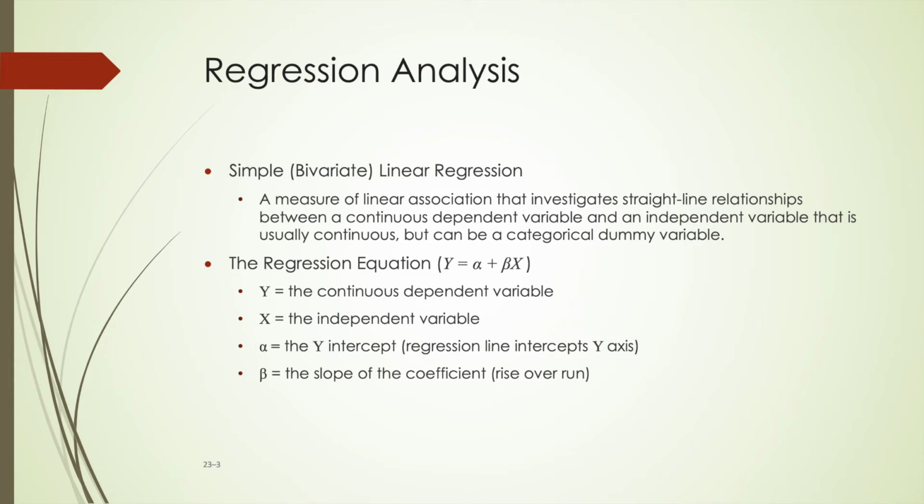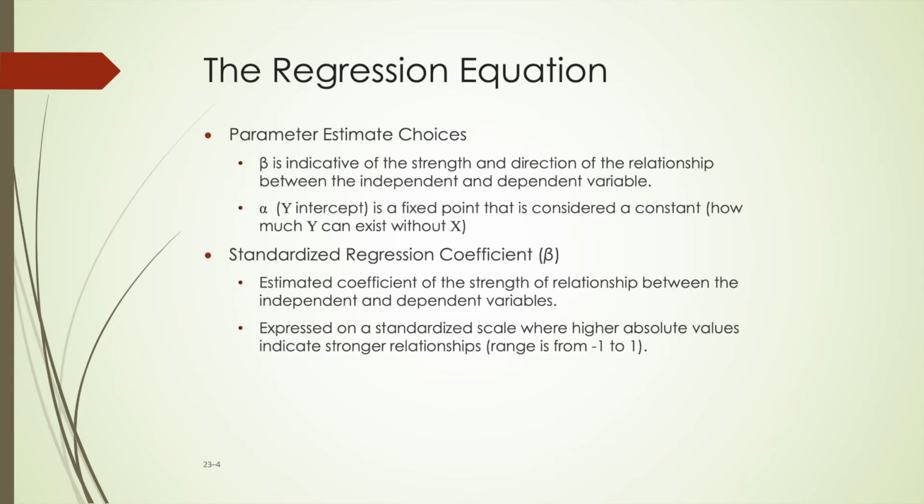Let's take a look at some more as we look at the parameter estimate choices. Again, the slope is indicative of the strength and direction of the relationship. The line will either go up as it leaves the y-axis, or it'll go down.